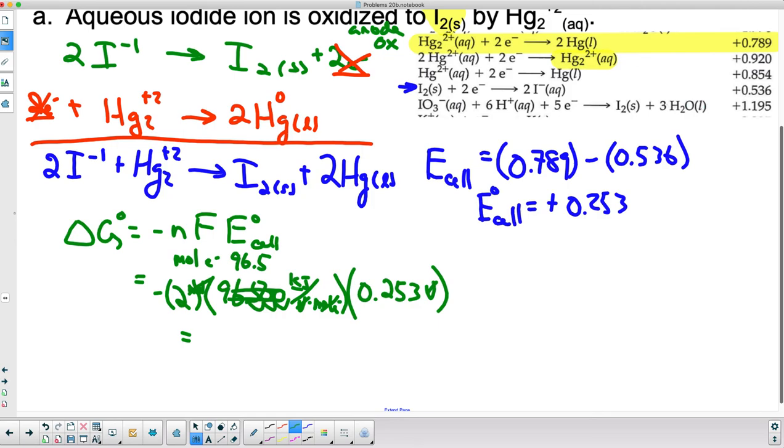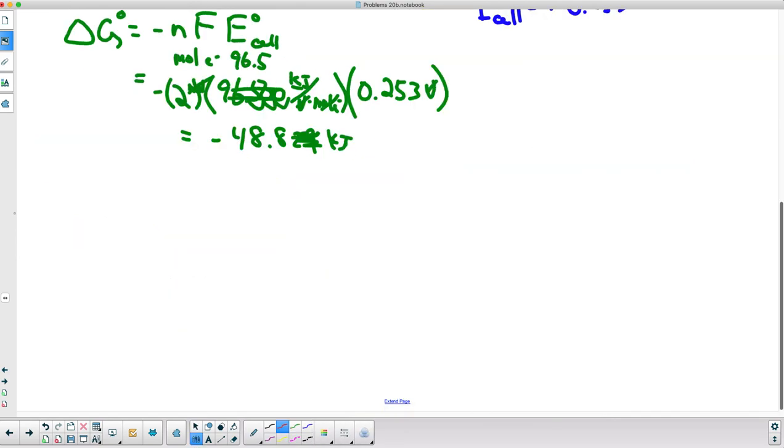And then what I get is a negative 48.829. Once I multiply all of these in, I get a negative 48.829 kilojoules, which you could probably shorten to 48.8. But we're not finished yet. I'm just about done. Hang with me here. I'm going to go a little bit further down.